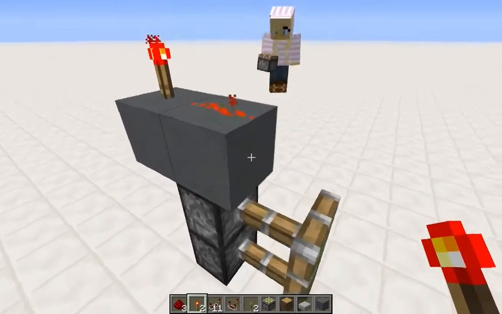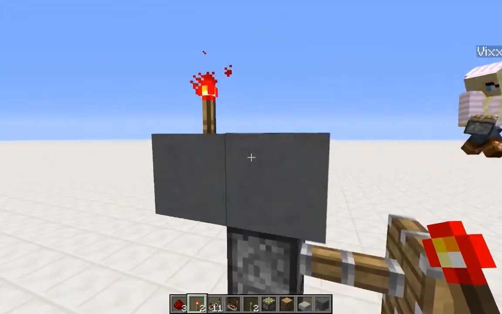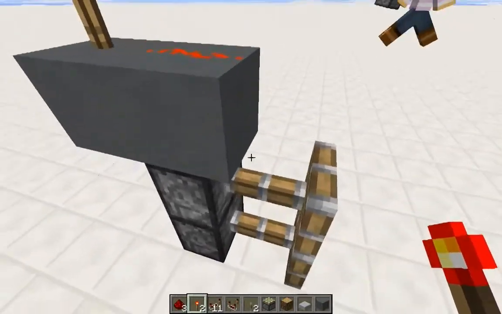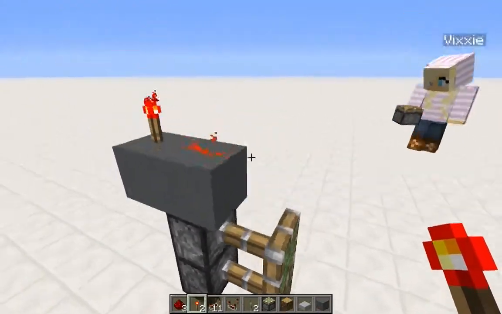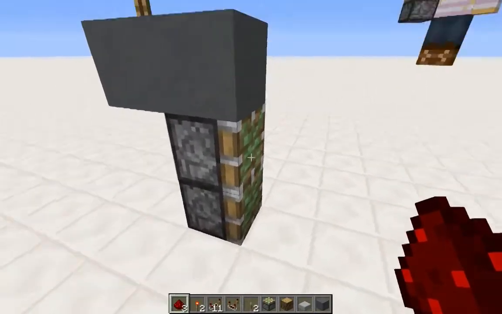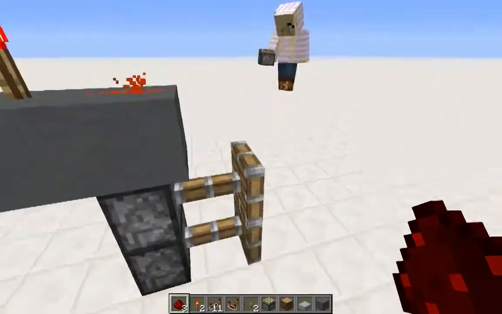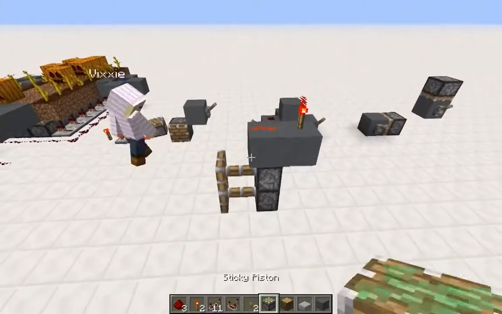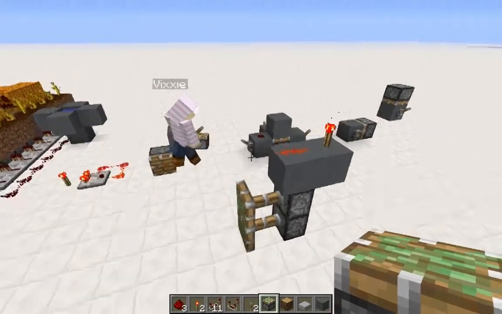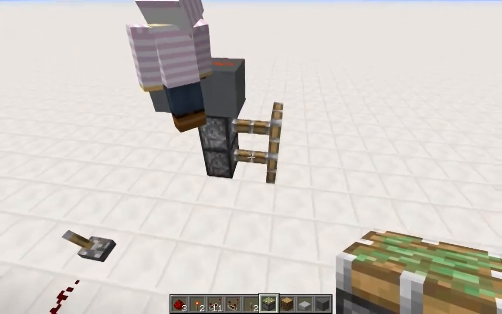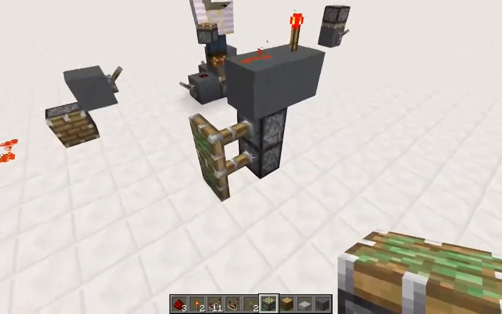Right, because this block is 2 blocks above the bottom piston, and because it is directly powering the top piston, it is forcing the bottom piston into an update. I see. So they both extend at the same time. So it's not the power flowing through that top piston, it's actually just block updating the bottom one, right?